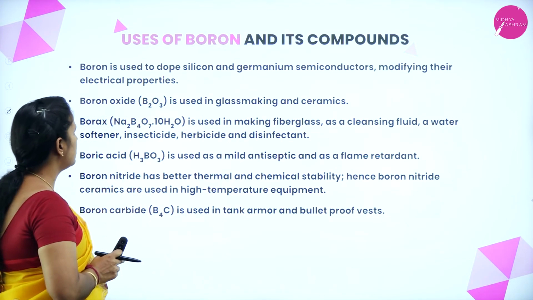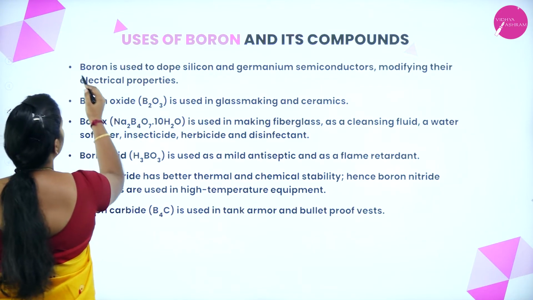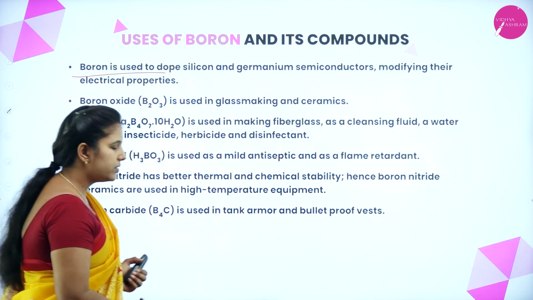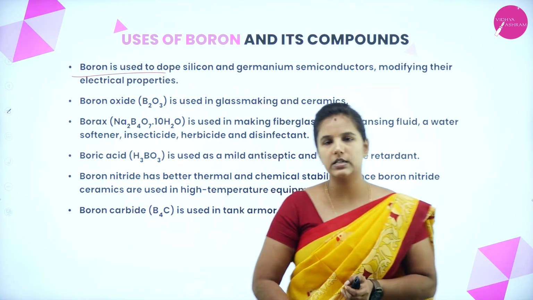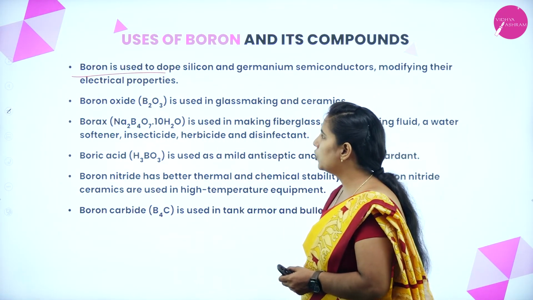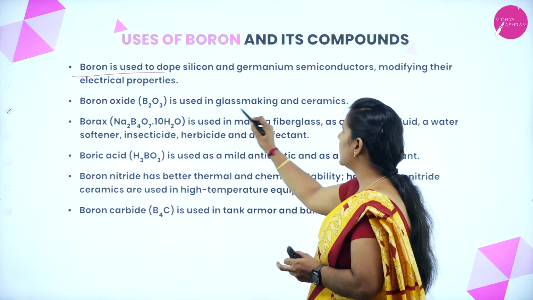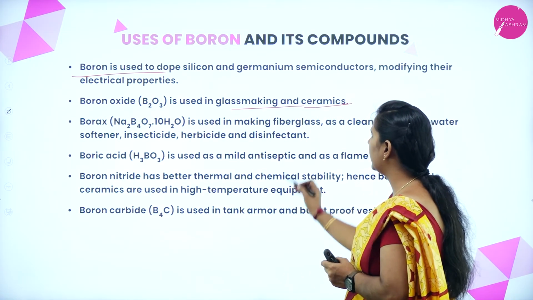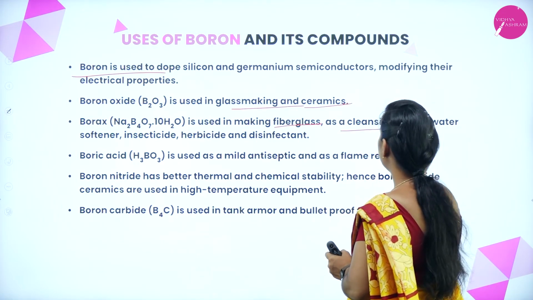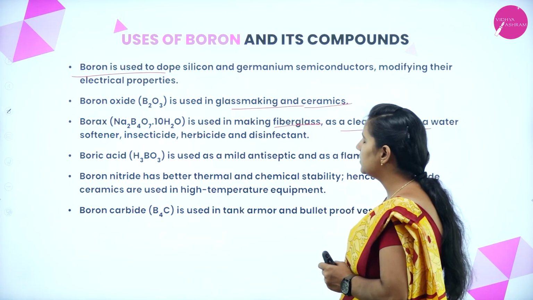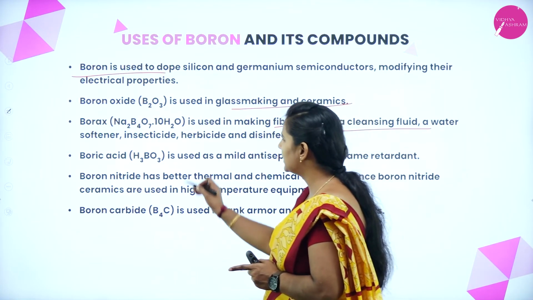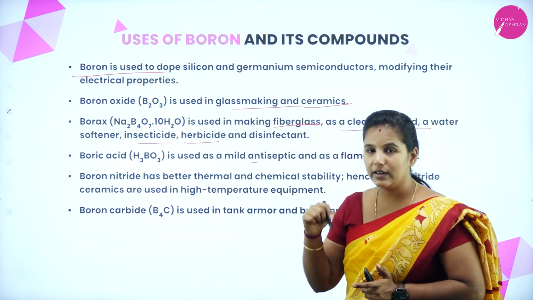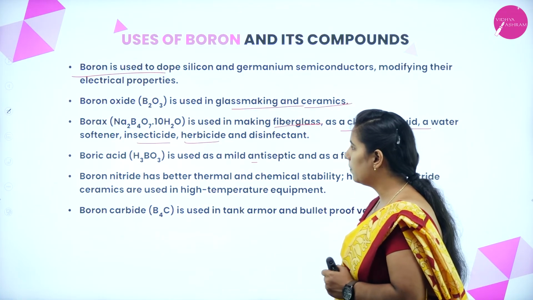Next are the uses of boron and its compounds. First, the uses of boron. Boron is used to dope silicon and germanium semiconductors, which you are going to study in detail in your first PUC, in the solid state. Boron oxide is used in glass making as well as in ceramics. Borax is used in making fiber glass, in cleaning fluids, in water softening, and as an insecticide, herbicide and disinfectant.